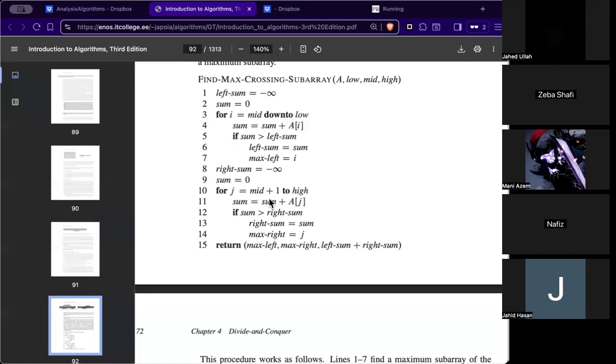And if the sum becomes greater, here you have negative infinity, here we have 0, right? So 0 is greater than negative infinity, so right sum is 0, okay? At this point, they're both 0, but we update the max right to whatever j was.